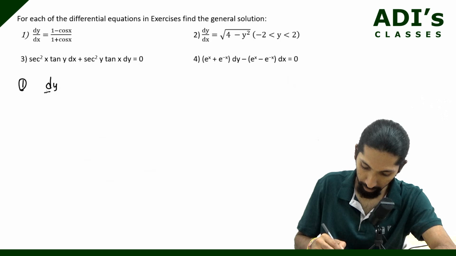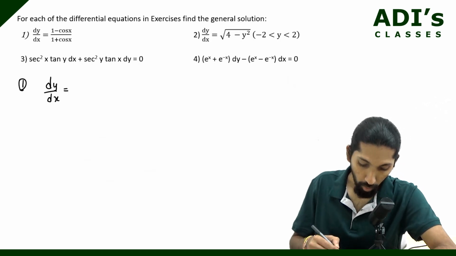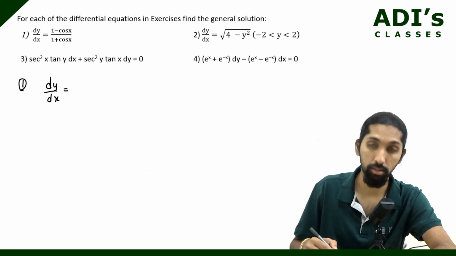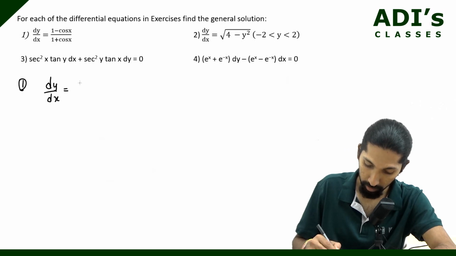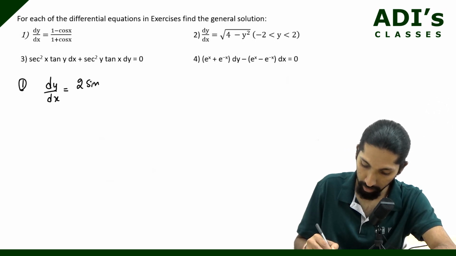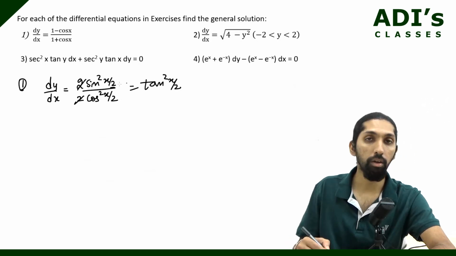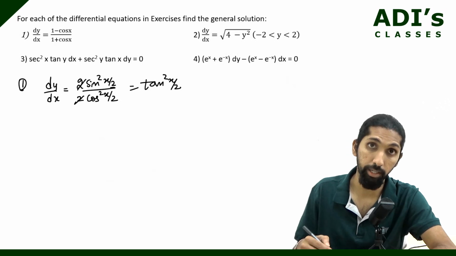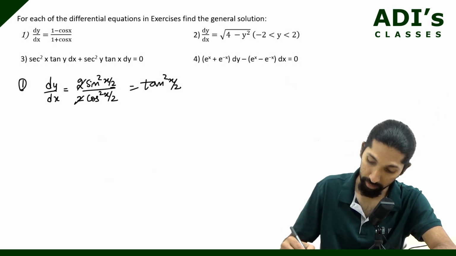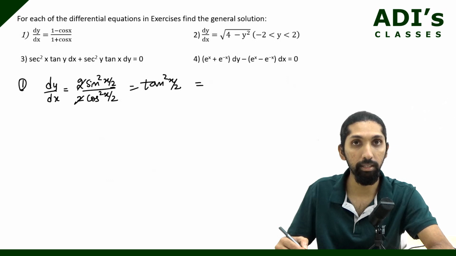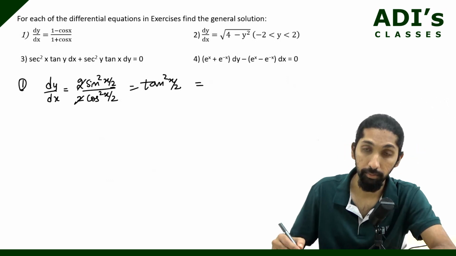See, dy by dx is equal to 1 minus cos x by 1 plus cos x, correct? 1 minus cos x is 2 sine square x by 2 by 2 cos square x by 2, which is tan square x by 2. Now, you cannot directly integrate tan square, right? So, remember tan square theta is secant square theta minus 1.